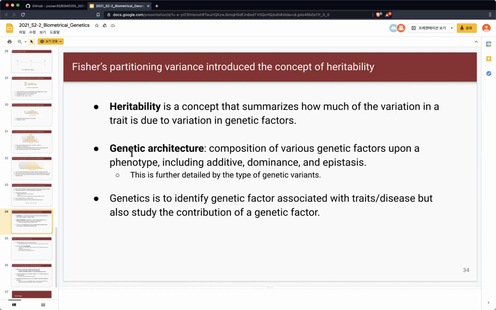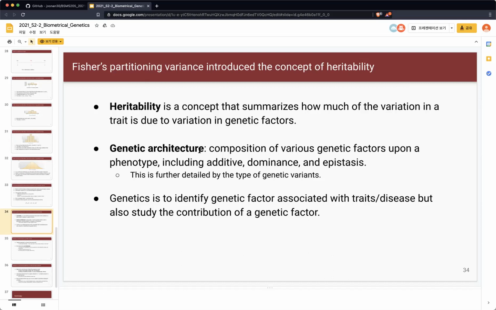Then Fisher also introduced the concept of genetic architecture. Genetic architecture is the key term I would pick for genetics these days. Genetic architecture means the composition of various genetic factors underlying a phenotype. So if you look at the same phenotype, it actually has many different genetic factors, right?